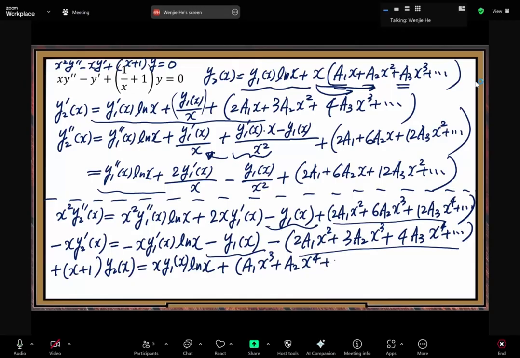Fourth, that's enough, right? Because we just do it up to the fourth. Then plus y1 times A1 x squared, A2 x cubed, A3 x to the fourth. All right.